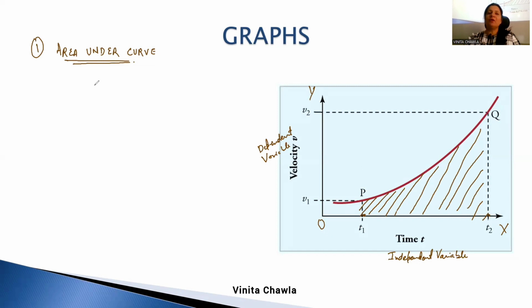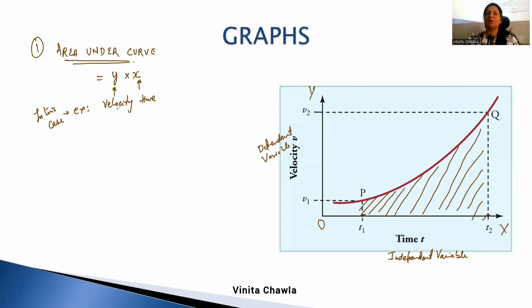See, we have a velocity-time graph. When we find the area under the curve, the quantity that we get is by multiplying the y and x components. So along the y-axis, we have velocity, and along the x-axis we have time.